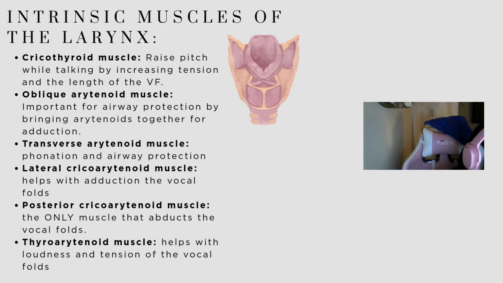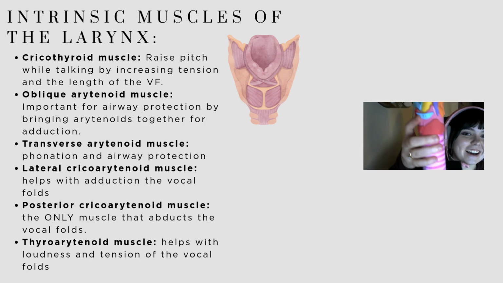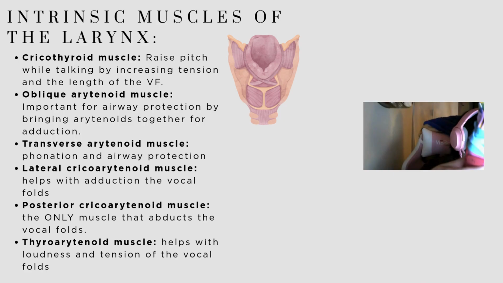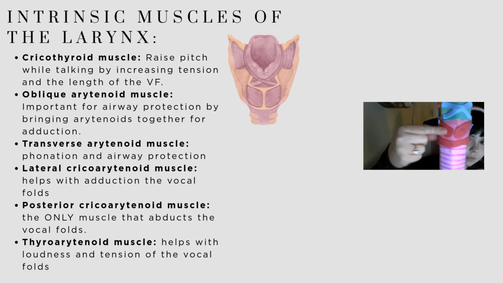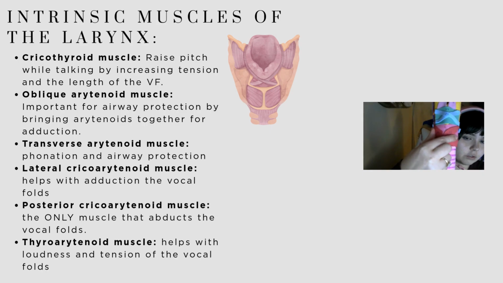Then the lateral cricoarytenoid muscle is number 17. And if I can find it, right here. These help with adduction of the vocal folds, and then the posterior cricoarytenoid muscles are right here, and these are the only muscle that abduct the vocal folds.